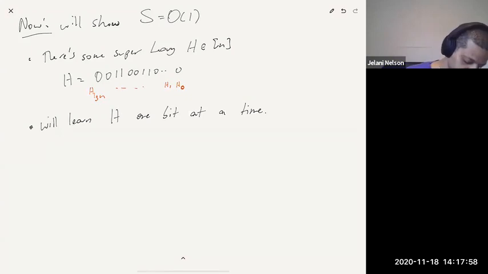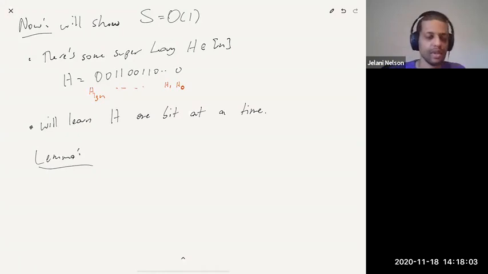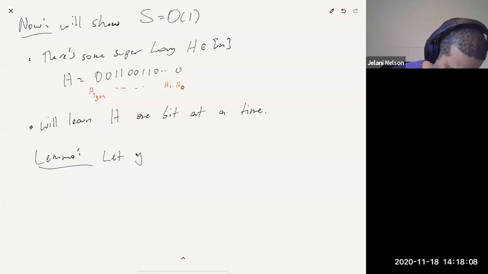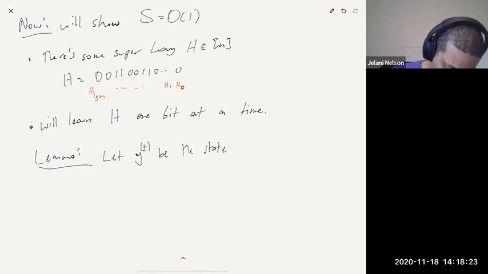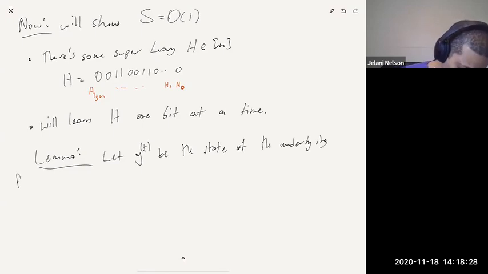The lemma: let y_t be a histogram, the state of the underlying frequency vector at time t.